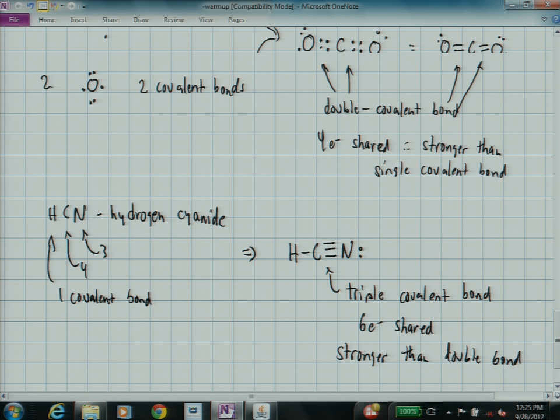Yes? How do you know what order they go in? Tell me what you... it turns out in this case, if you tried to put them as like NCH, it's not going to work. How would you figure this one out? You follow the rules. Hydrogen makes 1 bond, carbon makes 4, and nitrogen makes 3. You could try writing them in different arrangements.